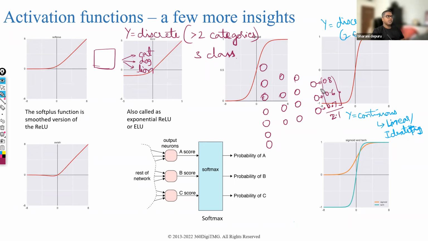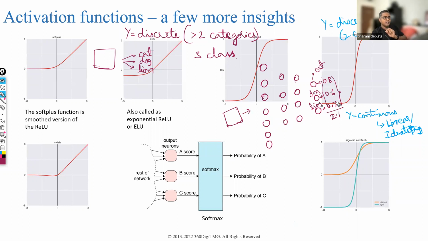Only then can you say that if this is for cat, this is for dog, and this is for lion, then there is 0.8 probability that it's a cat, 0.6 probability that it is a dog, 0.7 probability that it is a lion. Any image that you supply, you get these predictions out.